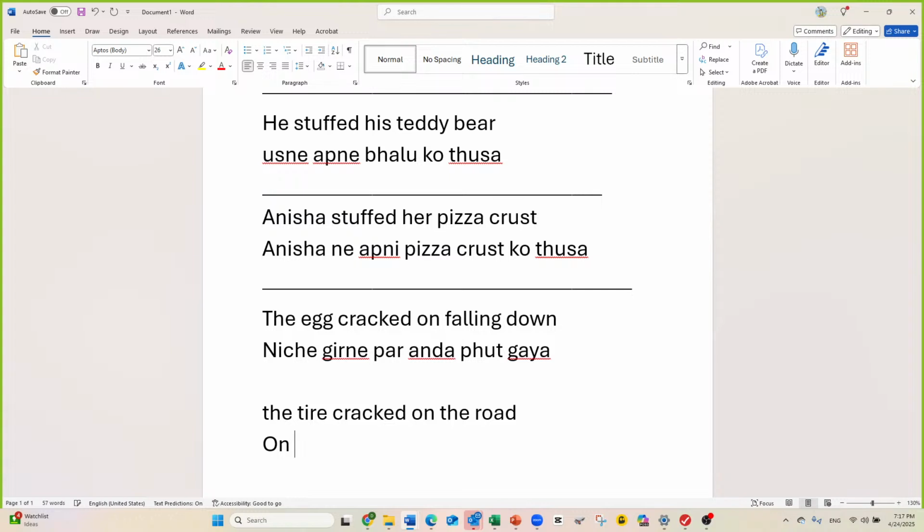I'll help you out. You start the sentence with on the road in English, and now tell me. On the road. Use the English word tire.